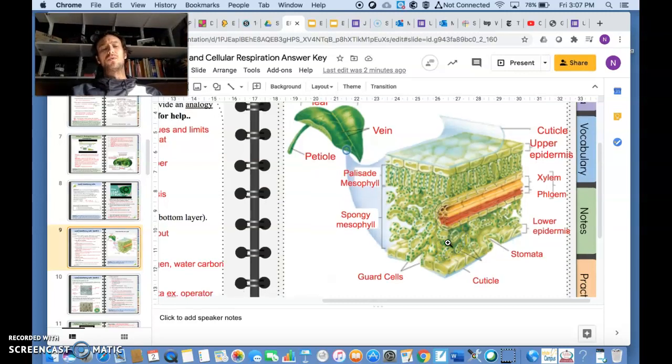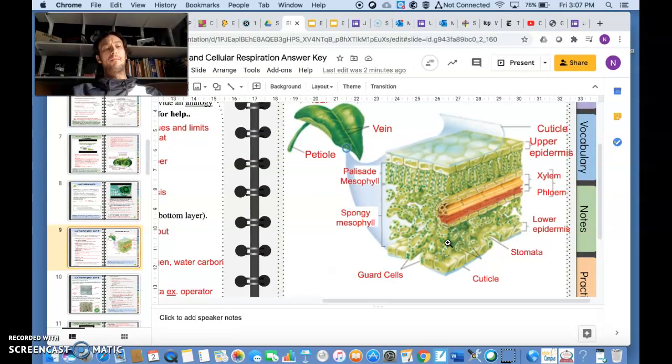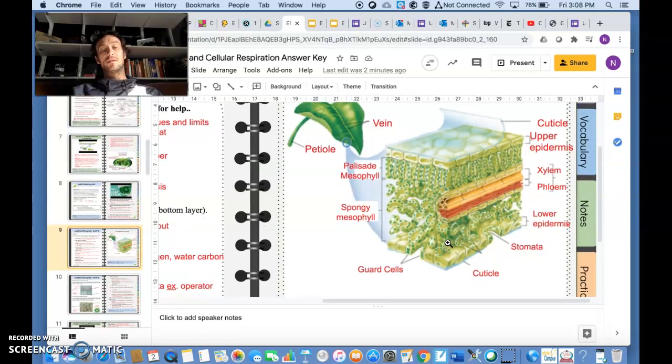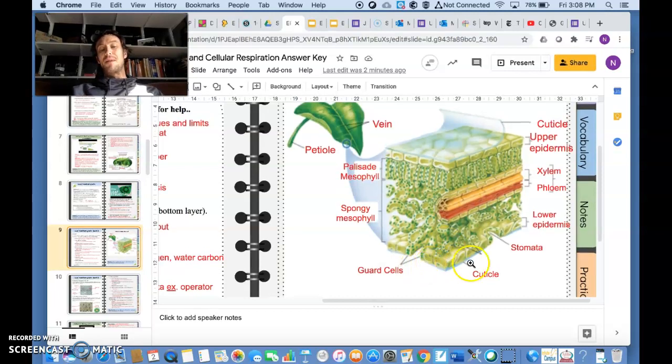And then probably the coolest thing about leaves, and again, we would have done this in one of my favorite labs, but we would have done this in class. They have little mouths called stoma, or stomata, depending on if you're talking about them in plural or singular. They can actually open and close.